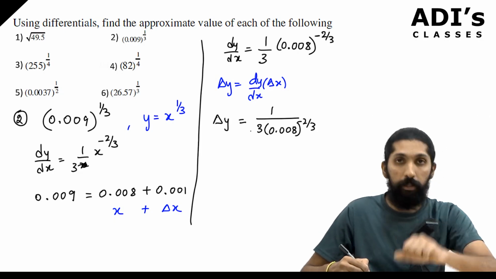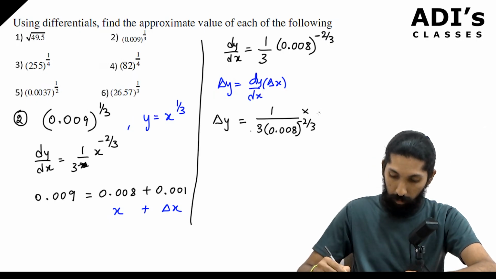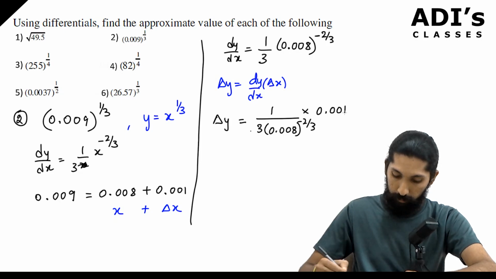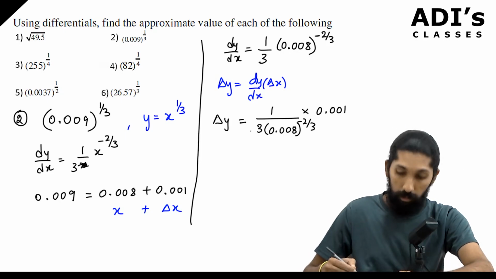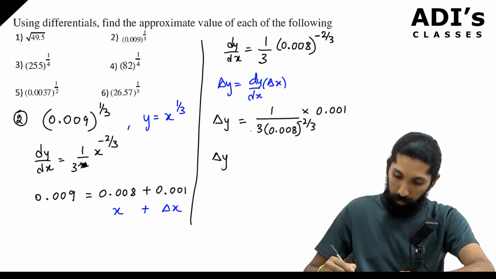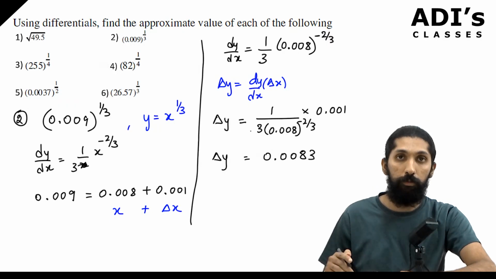See, this is dy by dx. What is delta x? Delta x is nothing but 0.001. If you solve this one, you will get delta y is equal to 0.0083. All right, so this is going to be the numerical value.